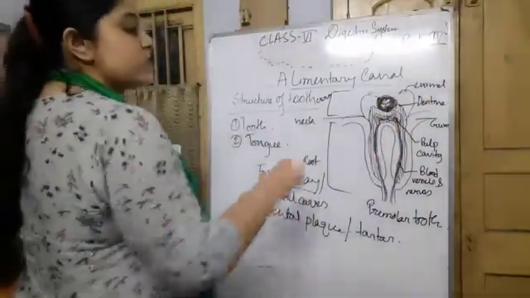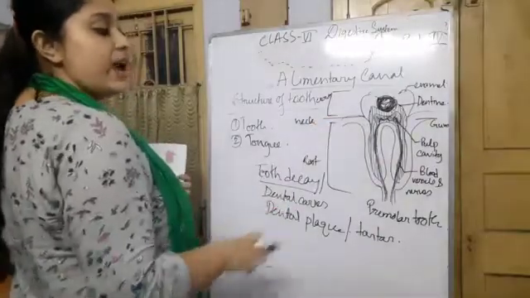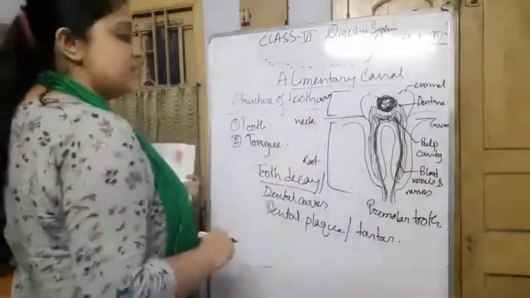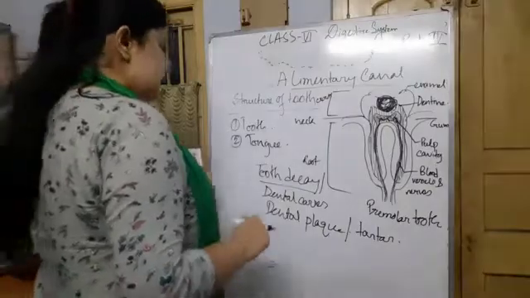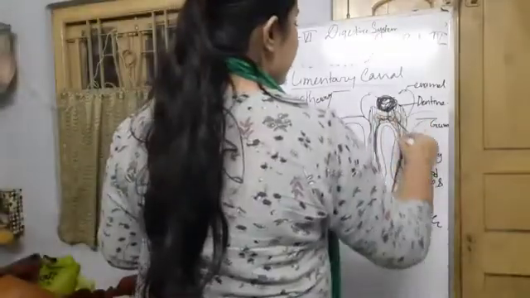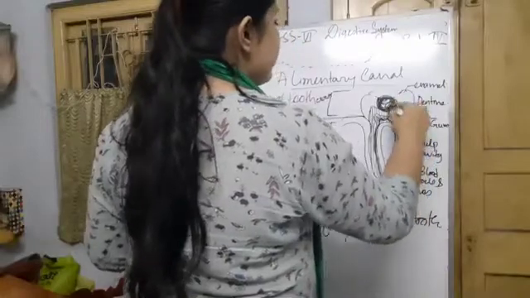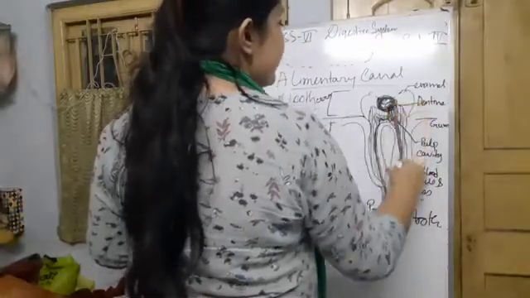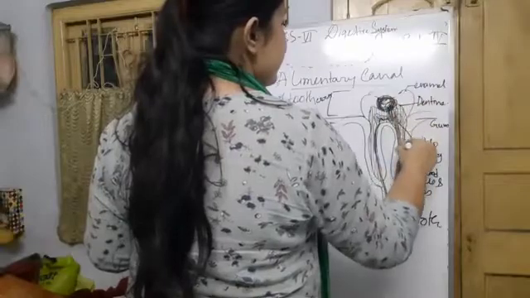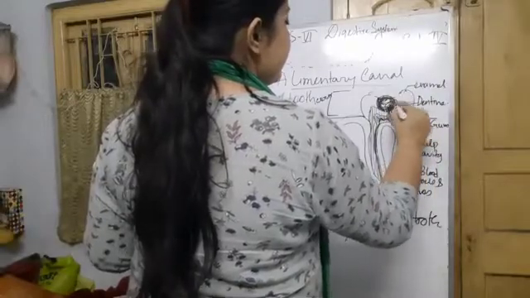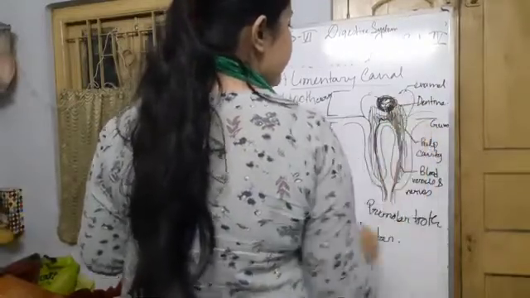Sometimes it goes into the lower part and can affect the blood vessels and nerves. It will block these nerve channels and blood channels, so it starts paining. If this part is affected, then it will start paining.